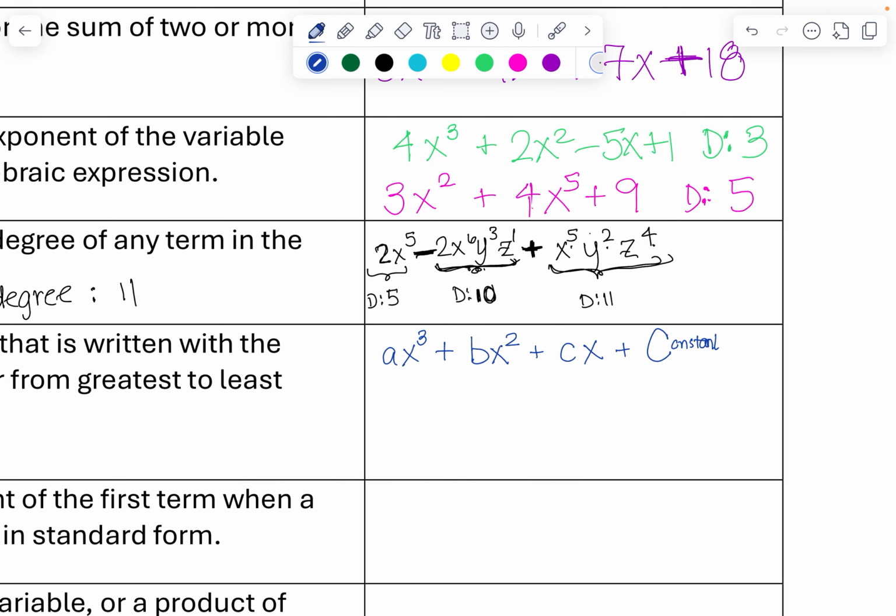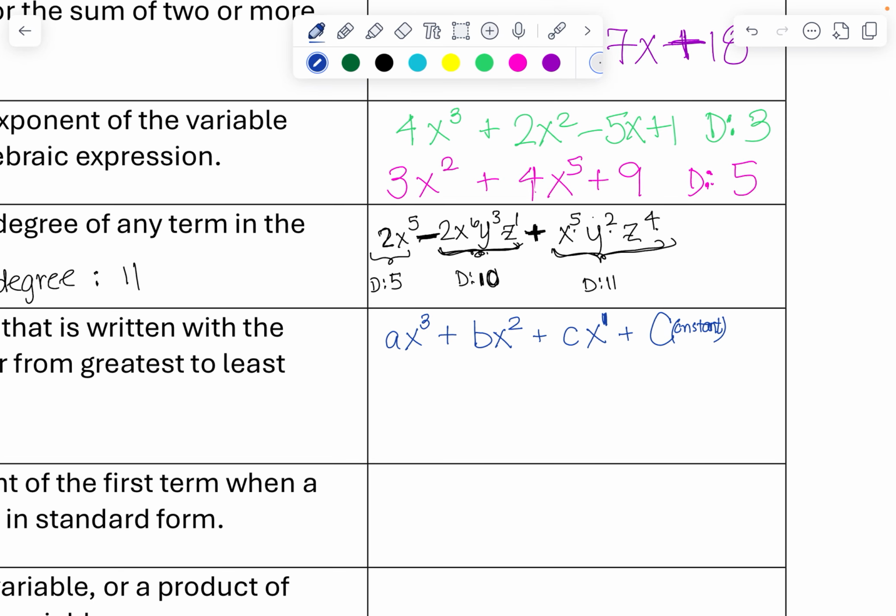That's just a constant, okay? This is written in descending order, as you can tell, 3, 2, and 1, okay? We can even have something where it's not going in order, but it is going in descending order. So we could have something like a times x to the 5th plus b times x cubed plus my constant c.